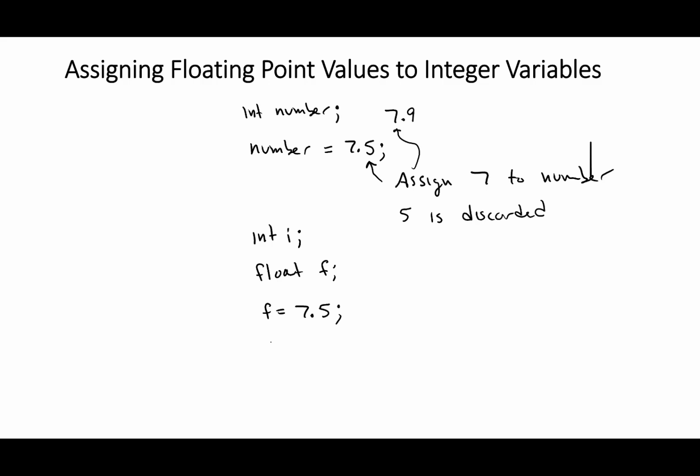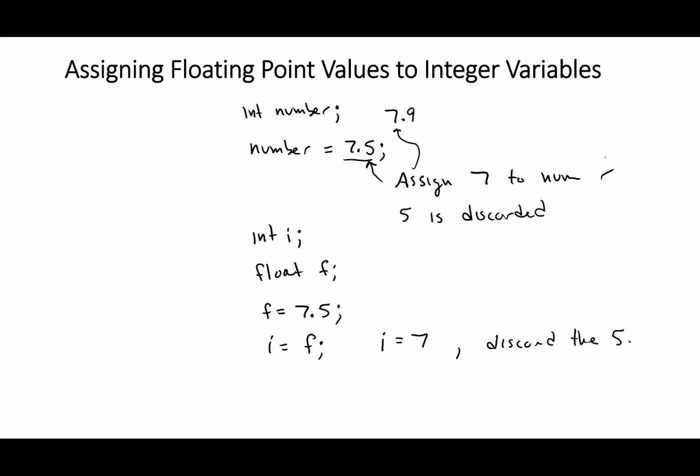And then for some reason we assign i is equal to f. Well, we're going to end up with the same thing that we had up here. It's going to store 7 to i and drop the 5. So right here, i is going to equal 7, and it's going to discard the 5.